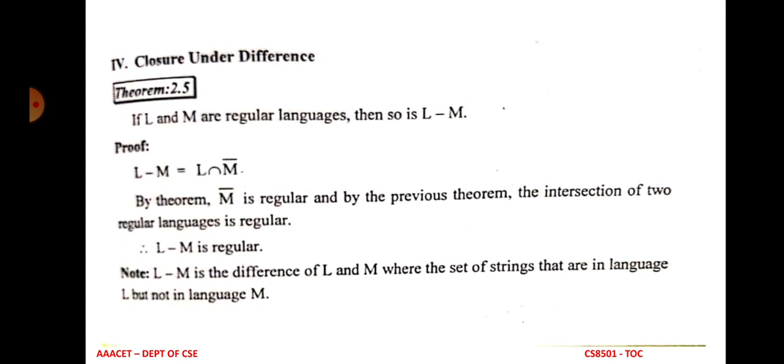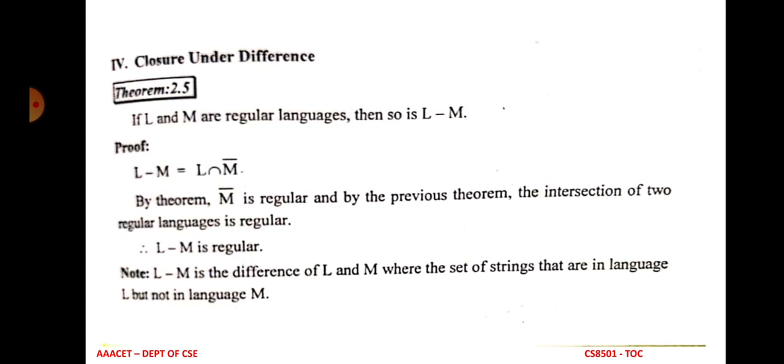The two statements are equal. So to prove L minus M, we have to take the condition or operation from the previously proved theorems, L intersection M complement, because M complementation is already proved in the previous slide. So by the above theorem, M dash is regular because complementation of a regular language is also regular.